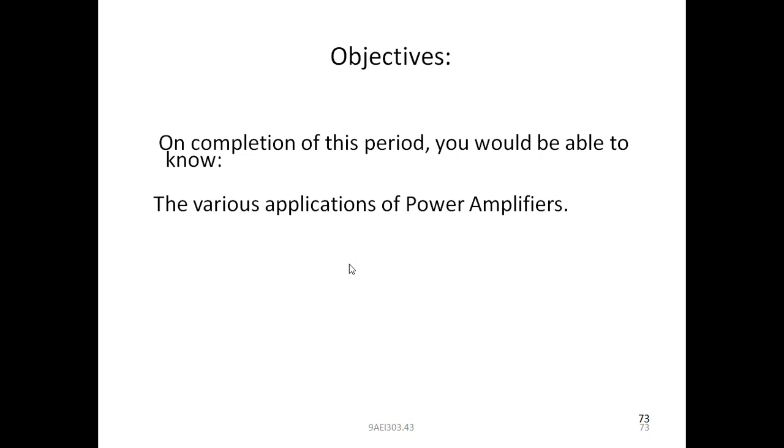Whereas in complementary symmetry, the phase inversion can be achieved by using two transistors, one NPN and the other PNP. Okay. And push pull and complementary symmetry class B power amplifiers provide the same efficiency, that is about 78.5 percentage.